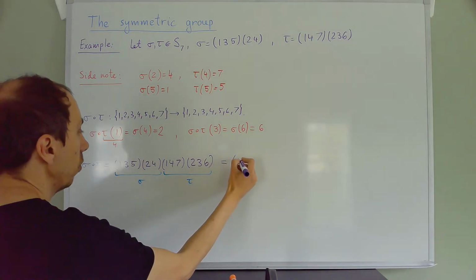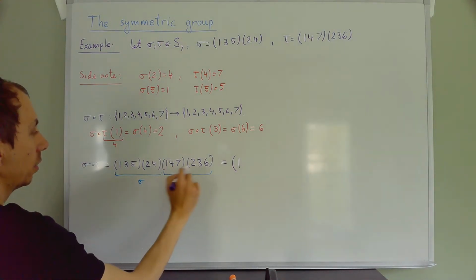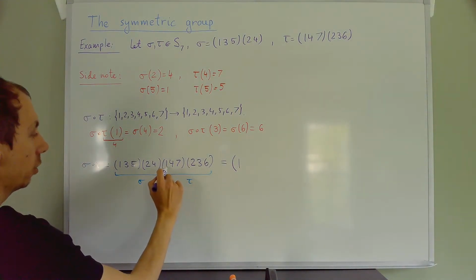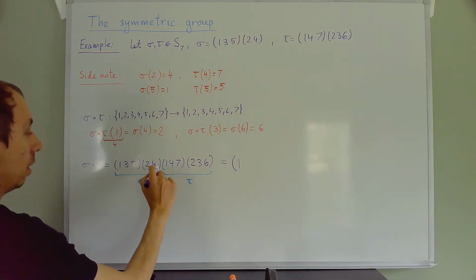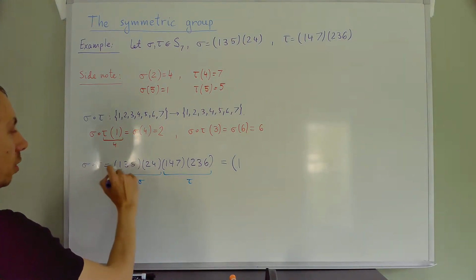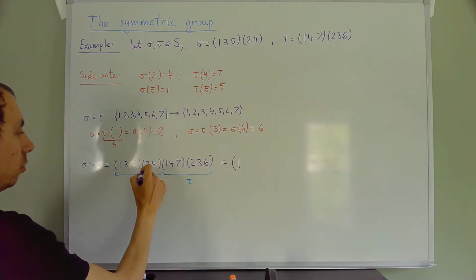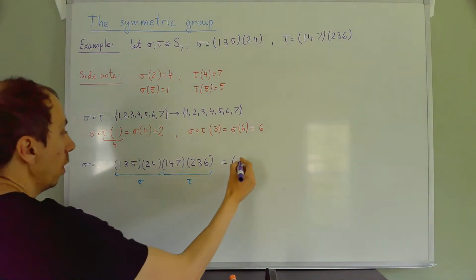Again, I start with 1. 1 isn't fixed apparently. So I go from the right. No 1 here, there's 1 here. So 1 goes to 4. Now I'm looking for 4. There it is. 4 goes to 2. If there were more permutations here, I could even look now where 2 goes. But there's no more 2's. So that means 1 went to 4, 4 went to 2. So under the composition, 1 goes to 2.